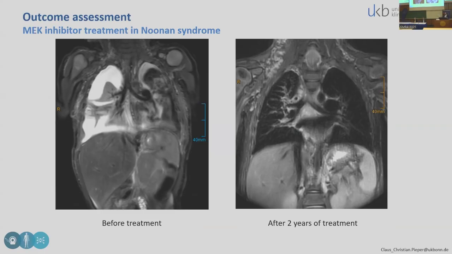And this is just an example of a patient again with Noonan syndrome that can respond to MEK inhibitor therapy. And you can see that in this patient with the extensive chylothorax, after 2 years of treatment, the image looks a little bit better, and the patient is well as well.